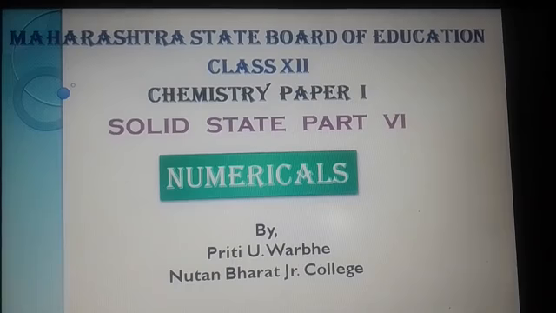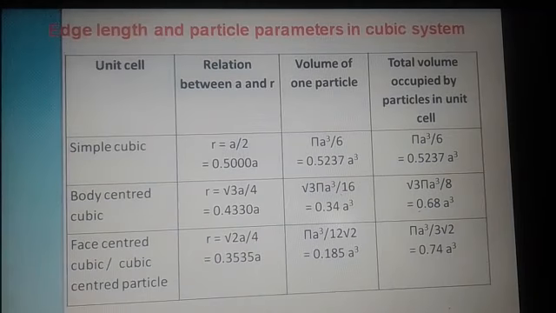In this lecture we will see the numericals based on the solid state. Before going to the numericals of solid state, first of all we have to see one table. In that table we will see the relationship between edge length and some particle parameters in cubic system.